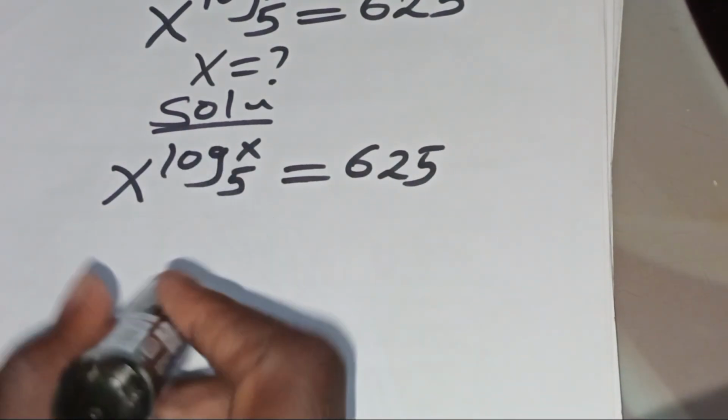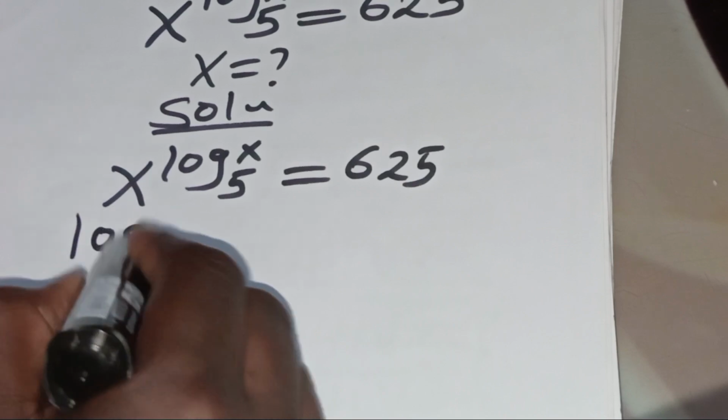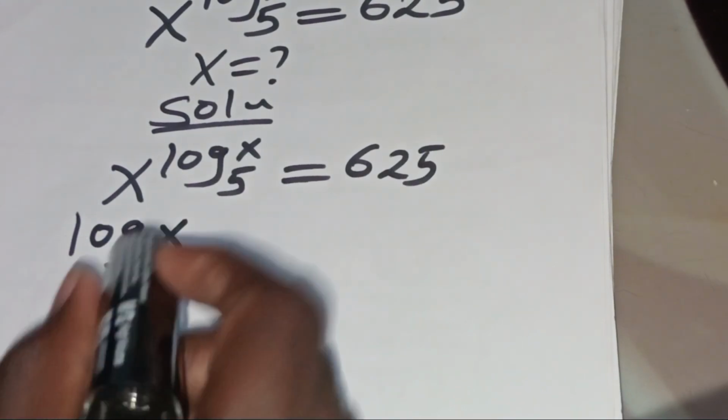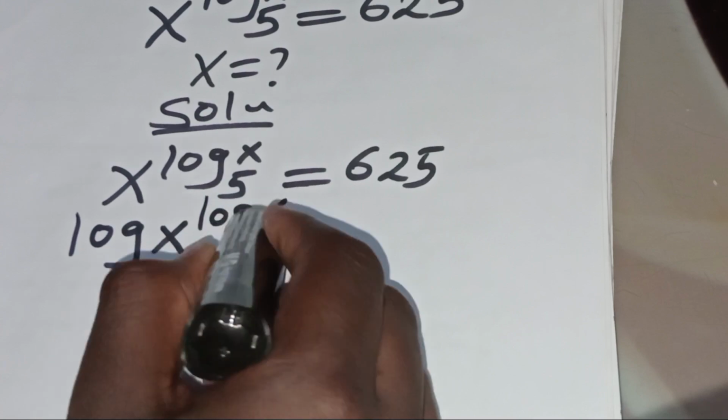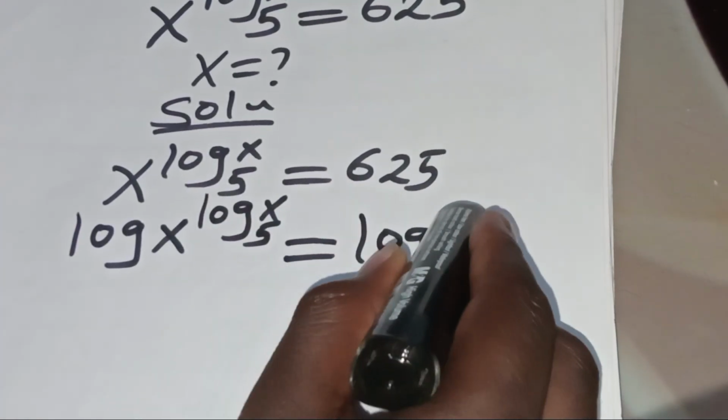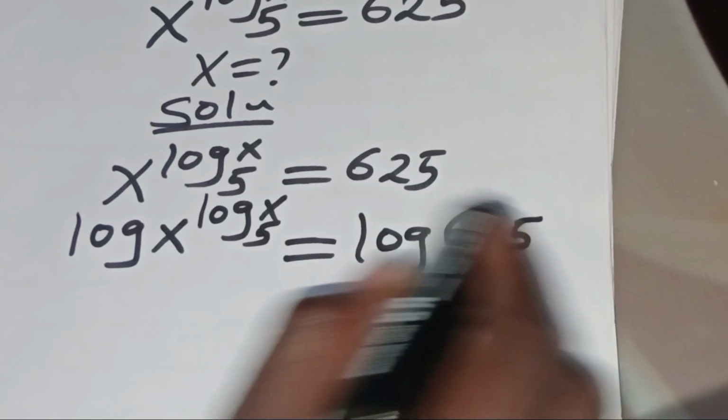So for the value of x, we introduce the natural logarithm on both sides, so that we'll have log of x to the power of log x to base 5 equal to log 625.